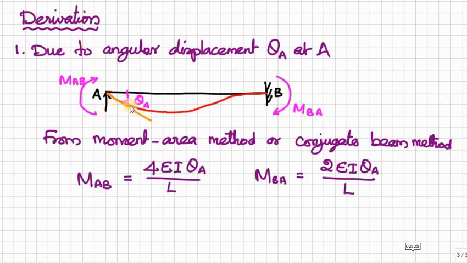We assume support B as fixed. This is the hinge; then only we can rotate the support.